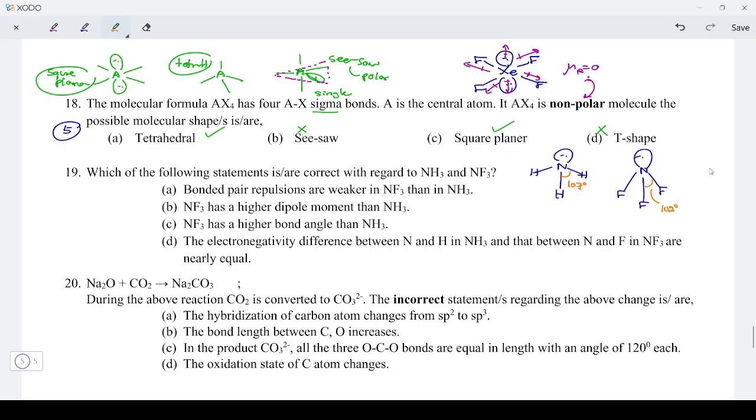Okay, right, bonded pair repulsions are weaker in NF3 than NH3. That's true, because the bond electrons are more pulled towards fluorine.